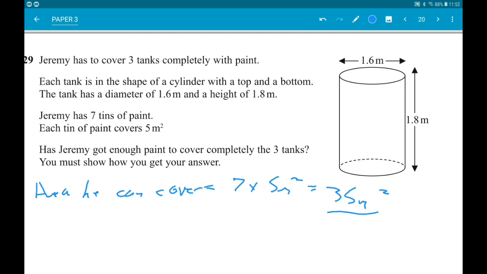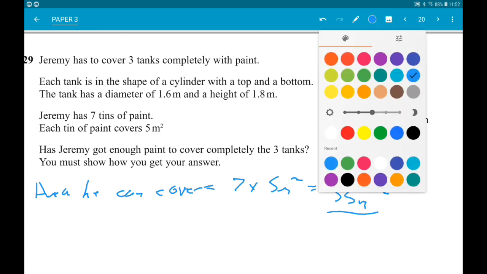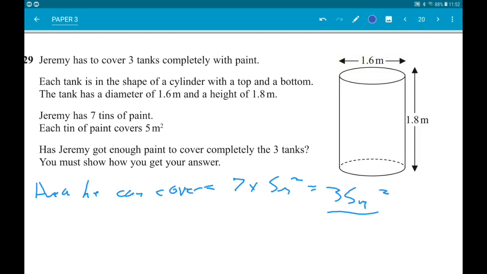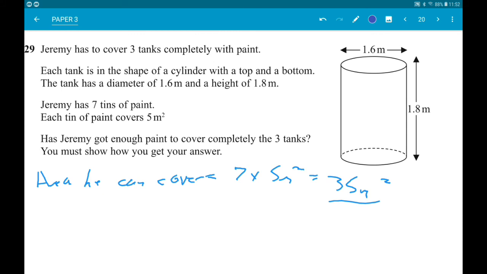So now we need to work out the area that needs to be painted. So we're going to do 1 tank. So 1 tank has 2 circles, and then the bit that wraps around the outside is actually a rectangle.